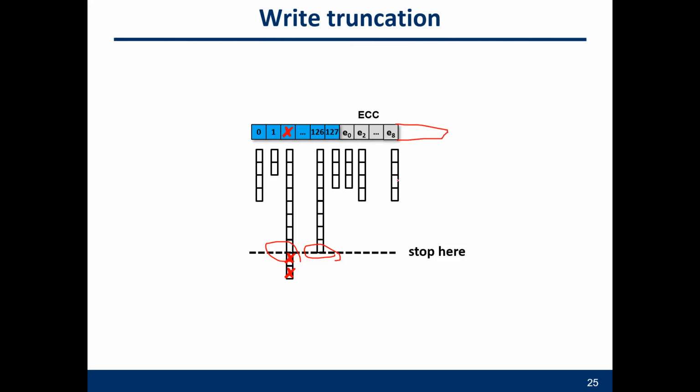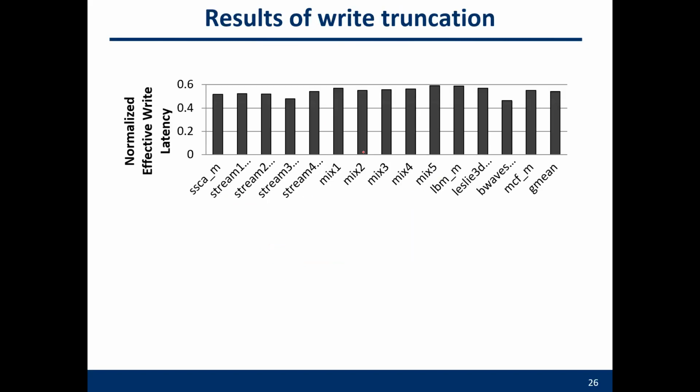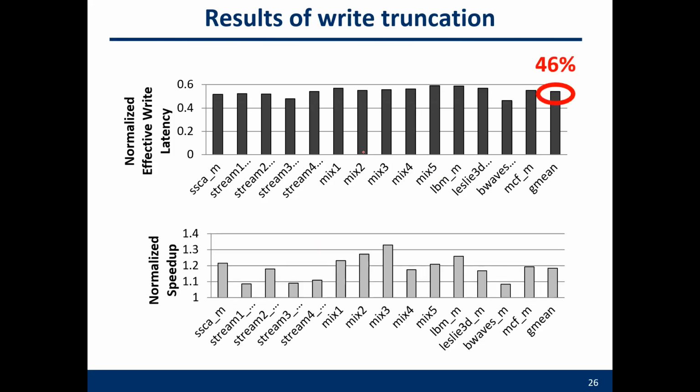If you want faster writes, maybe stop much earlier than this, like at this time point, then you have to have a stronger ECC. So by this simple technique, we can reduce the latency by almost 50%. We can achieve some speedup on the overall performance.